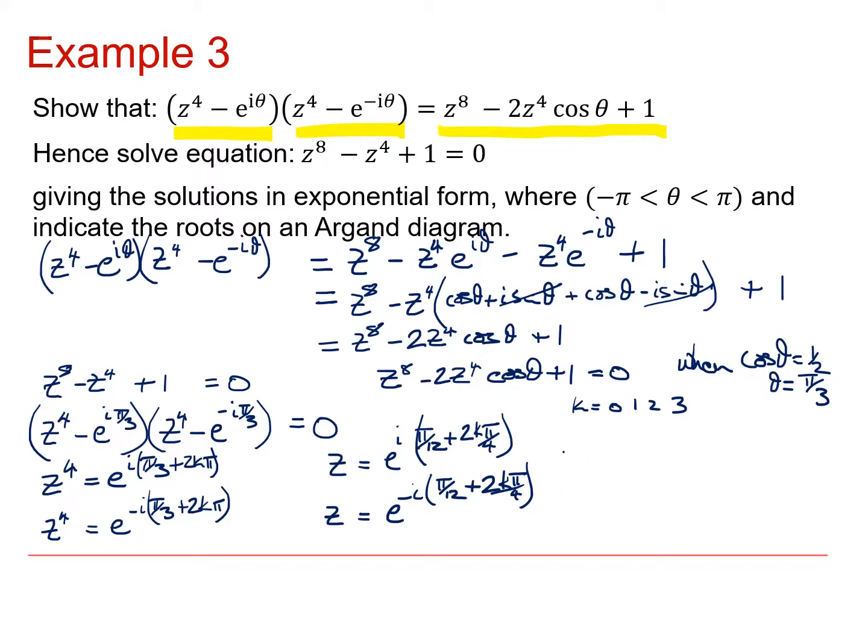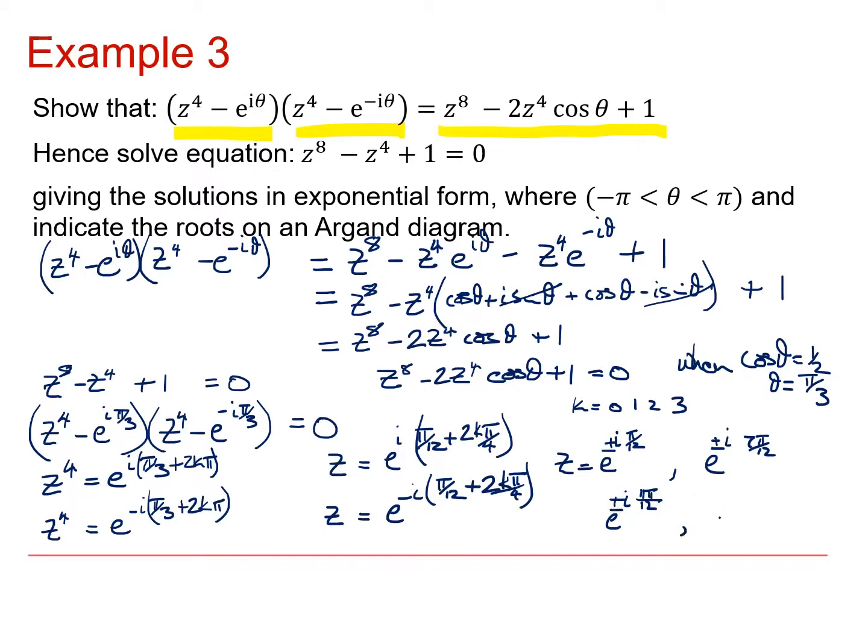So you are just going to get z is equal to e to the i pi by 12, and that's plus or minus because I've got both bits here, or I'm going to get e to the i 7 pi by 12, and again that's plus or minus, or I'm going to get e to the i 11 pi by 12, and that one has had to be brought back into range, and again it's plus or minus.